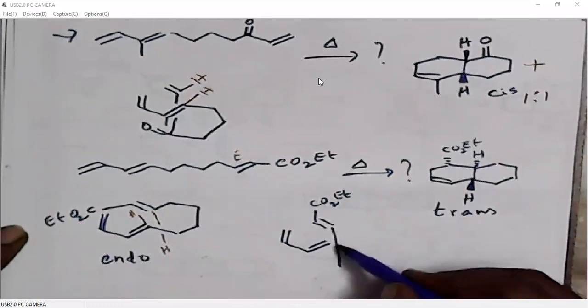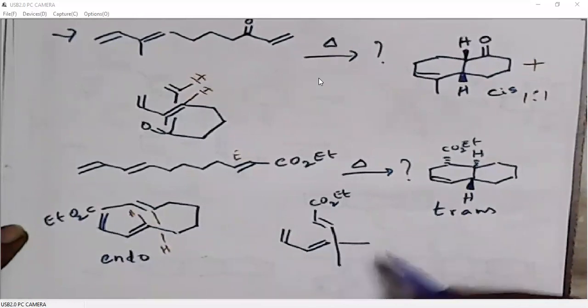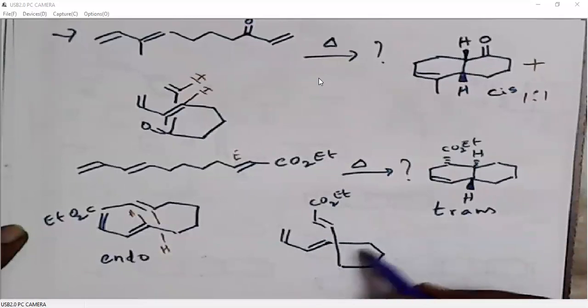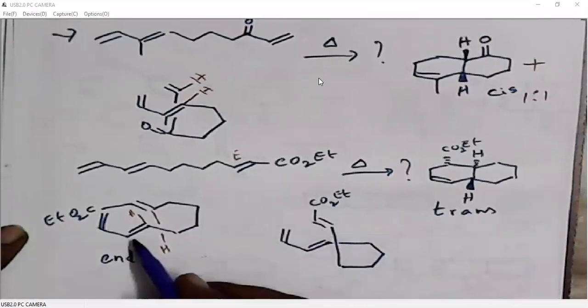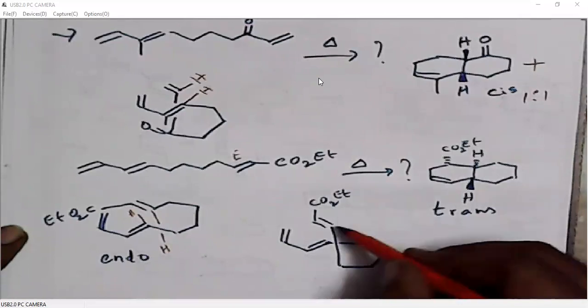How many are there? There are 4, so we will write 1, 2, 3, 4. Of course, it is a connection between these two, right? If it follows the endo rule, we will write like this. If it doesn't follow the endo rule, we need to write like this. Then we will place the hydrogens here.